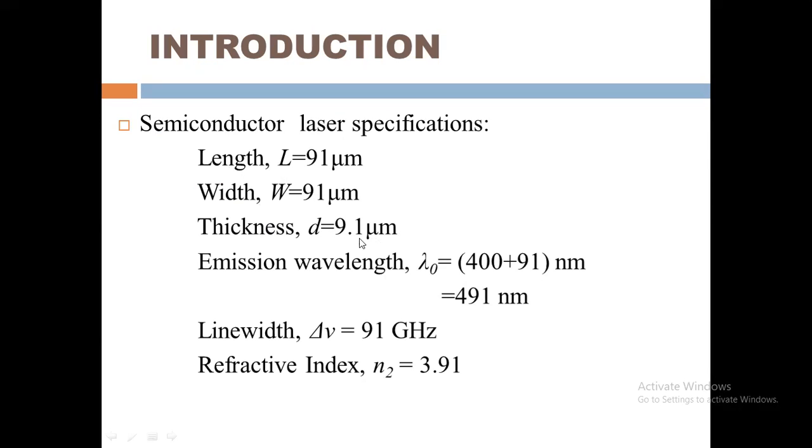The thickness is also assumed according to my roll number, and it is 9.1 micrometer. The emission wavelength is 491 nanometer, the line width is 91 gigahertz, and the refractive index is 3.91. All these assumed parameters have a connection with my student ID.